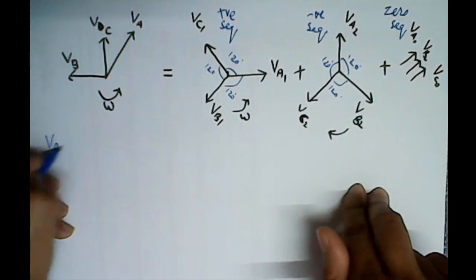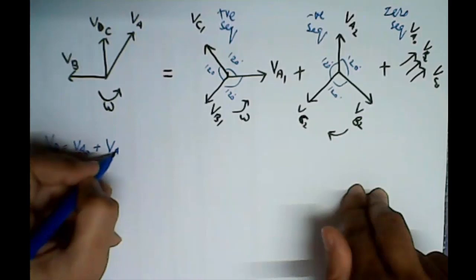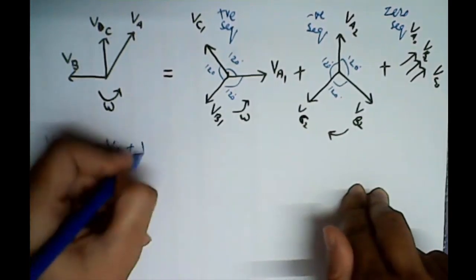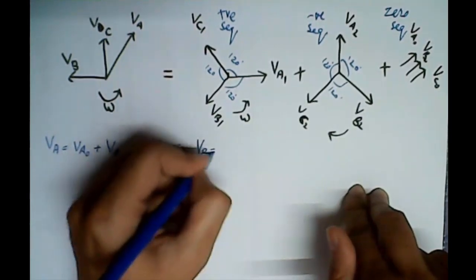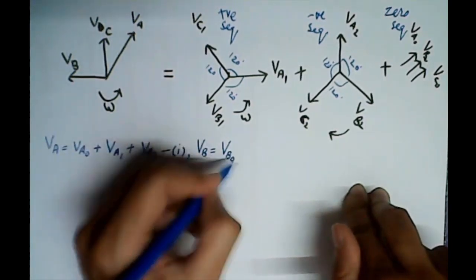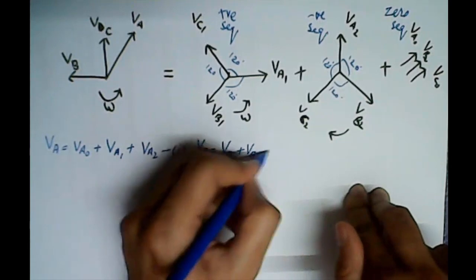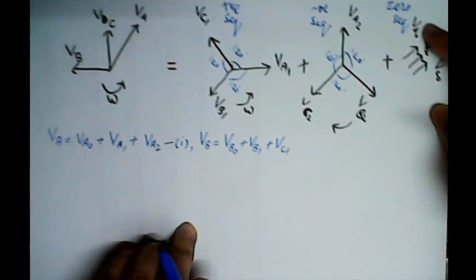VA is equal to VA0 plus VA1 plus VA2. Call it equation 1. Similarly, VB, this is the original imbalance, is equal to VB0 plus VB1 plus VB2, and VC is equal to VC0 plus VC1 plus VC2. Right?